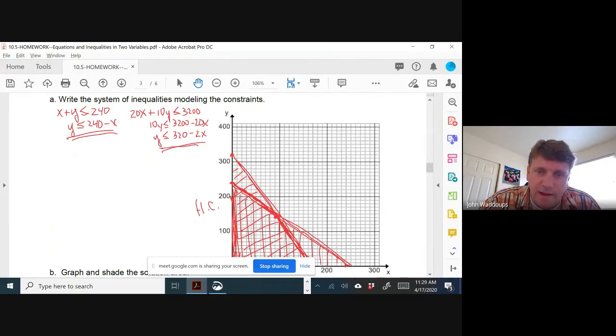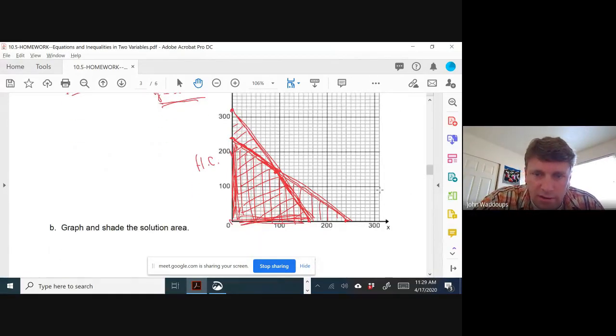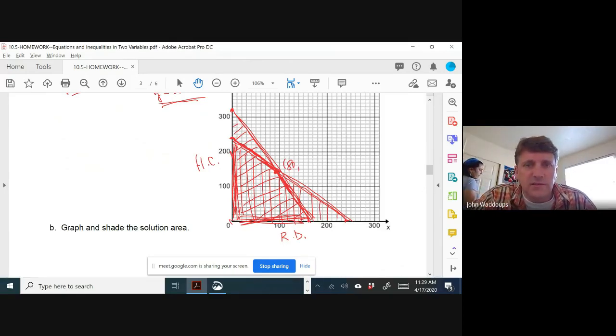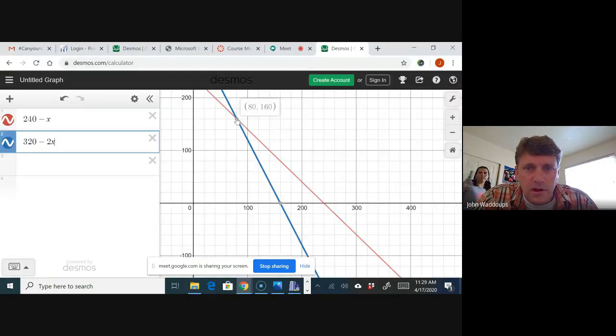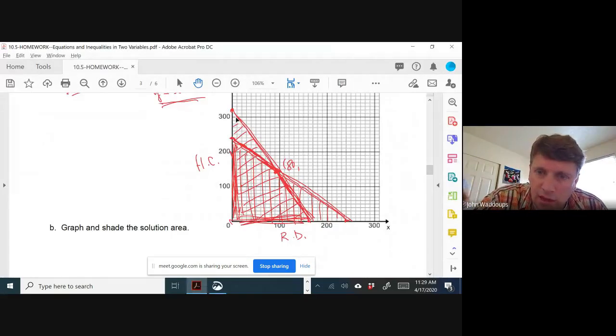This is the Honeycrisp apples. And down here, these are the Red Delicious. So this point here is 80, 160. That means that you have 80 Red Delicious and 160 Honeycrisp.